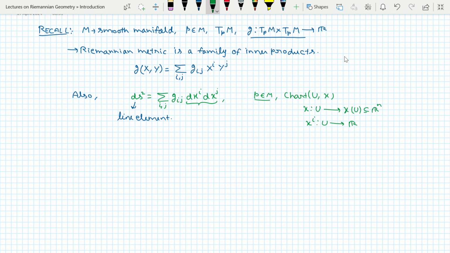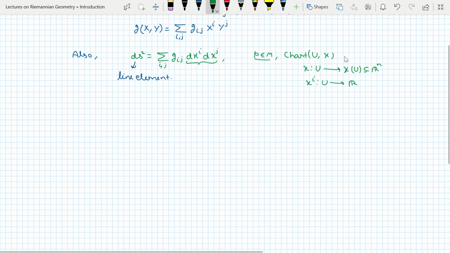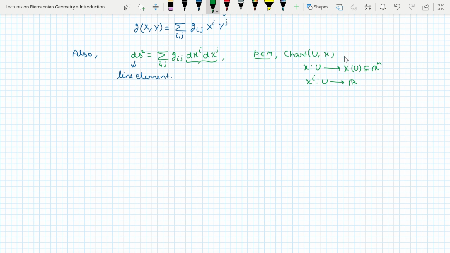But what exactly are dxi and dxj? To explain that, recall from the manifold theory, you had something called the differential. The differential map in general you can define for a smooth function from one manifold to another manifold.